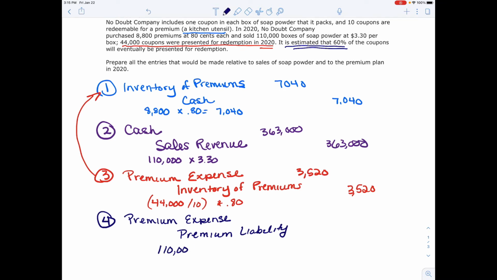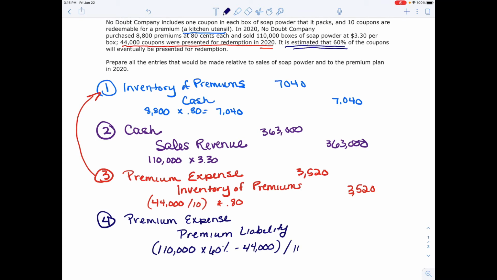We sold 110,000 boxes. We expect 60% of those to be returned for this kitchen utensil, but 44,000 were already returned this year. So that represents how many coupons we have left.